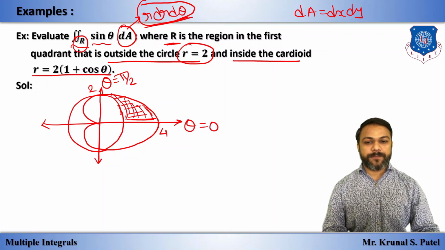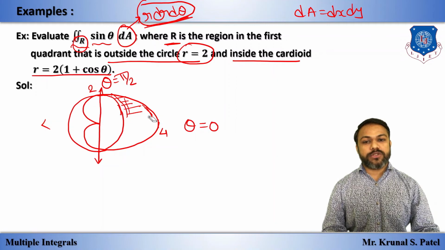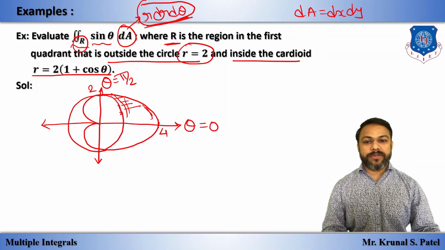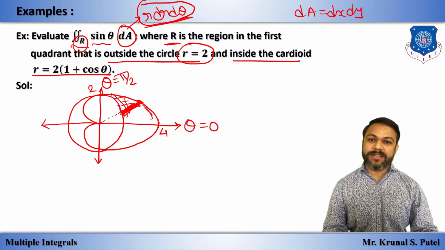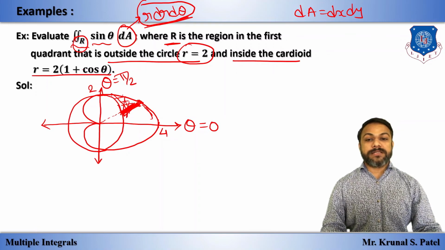This part only. So here we have to make a strip. We will make this strip not from the origin, but from one curve to another curve, because the origin is not considered; the region is between these two curves.